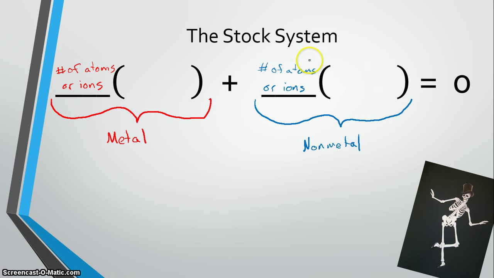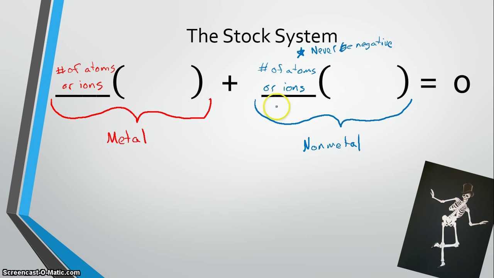So whatever goes on the line, whether it's metal or nonmetal, is always the number of atoms or ions. Now, there's a little note here that goes with these, so I'm going to put a little star. Whatever number we put on these lines can never be negative.